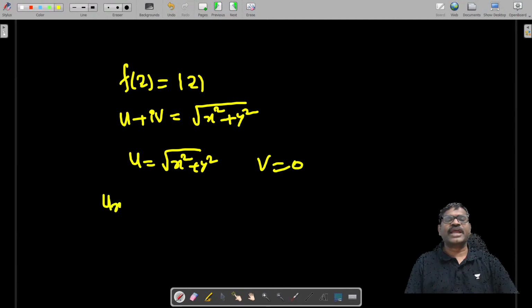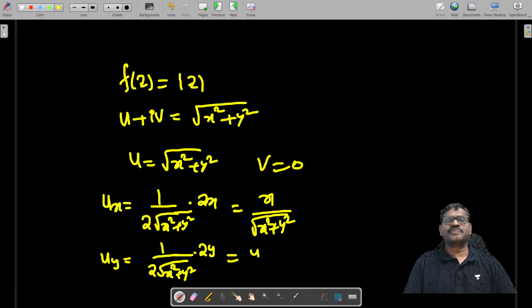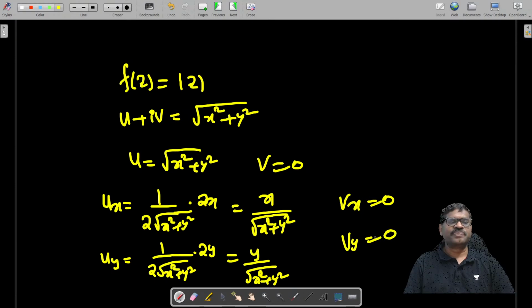Now ux is 1 by 2 root x square plus y square into 2x, that is x by root x square plus y square. uy is 1 by 2 root x square plus y square into 2y, that is y by root x square plus y square. vx is 0, vy is 0.